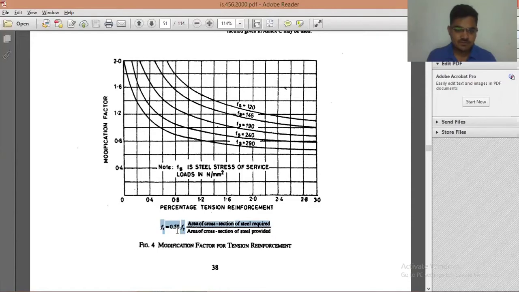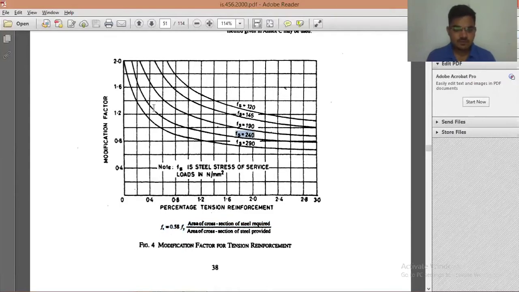The value of Fs is 0.58 Fy times the area of cross section of steel required divided by the area of cross section of steel provided. I am providing the steel as required. So Fs is 0.58 Fy, which is 0.58 into 415. So the value of Fs is 240.